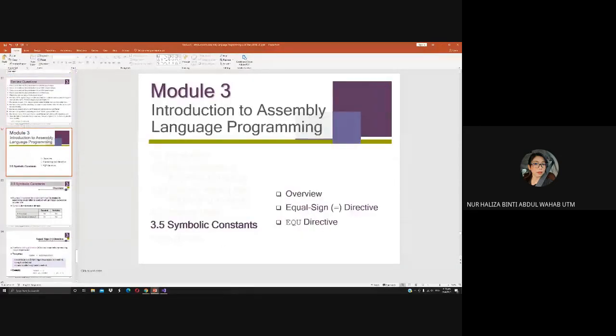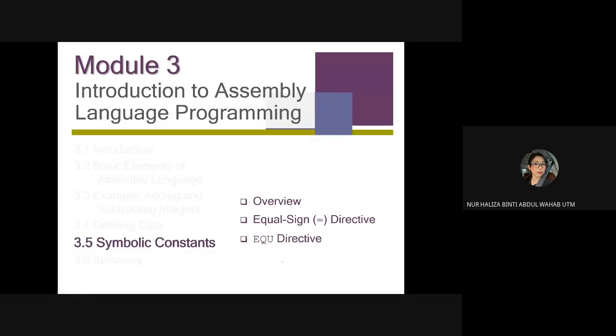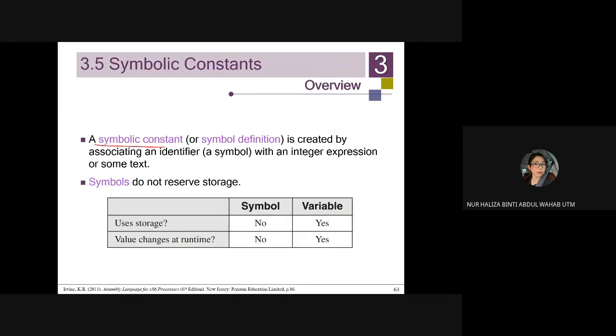So we're going to go to another subtopic, which is the last subtopic under our module 3. You can see that we're going to look into the overview, equal sign, and also EQU directive. A symbolic constant or symbol definition is created by associating an identifier, which is a symbol, with an integer expression or some text.